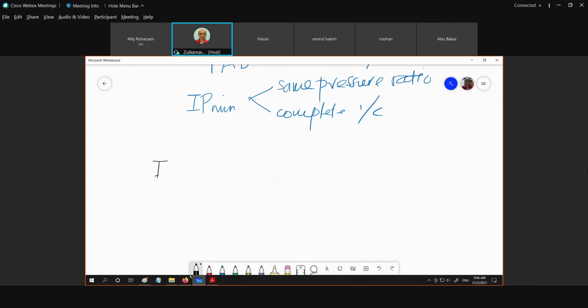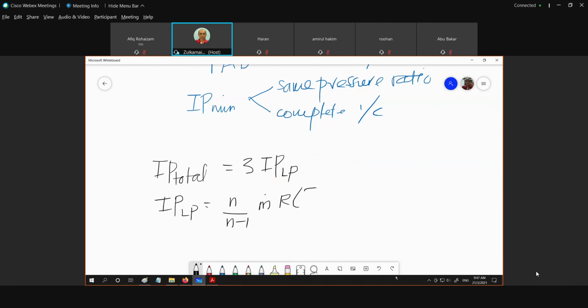Jadi untuk dapatkan IP total, saya gunakan persamaan 3 IP LP. Di mana IP yang low pressure ni sama dengan n divided by n minus 1 m dot R (T2 minus T1).